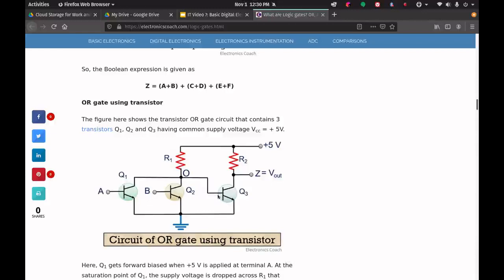Same concept. They're all in parallel. Whatever the output is, that's what you're going to see on the output. Whatever you have coming in, if there's a single transistor that is passing current, then you will get an output.